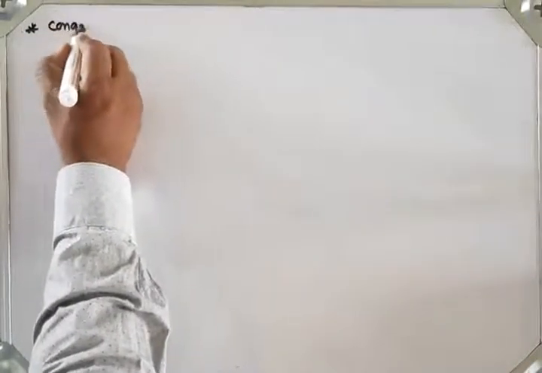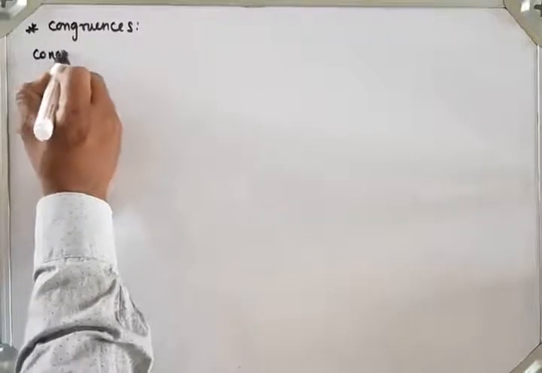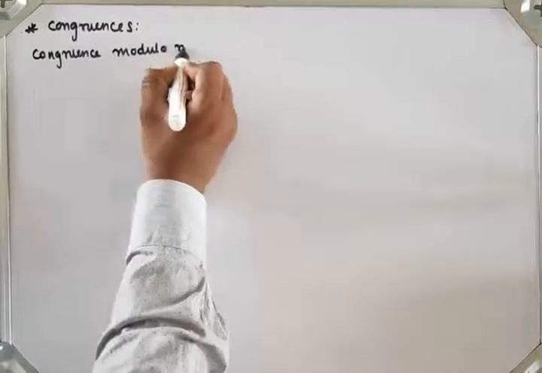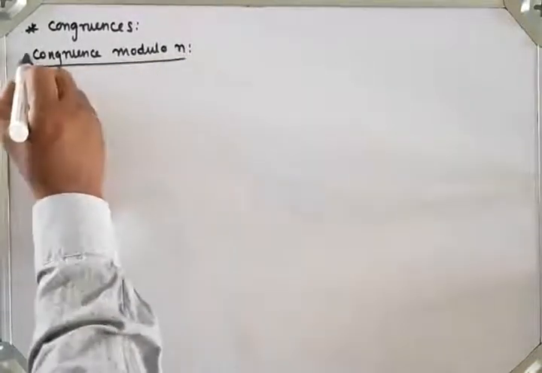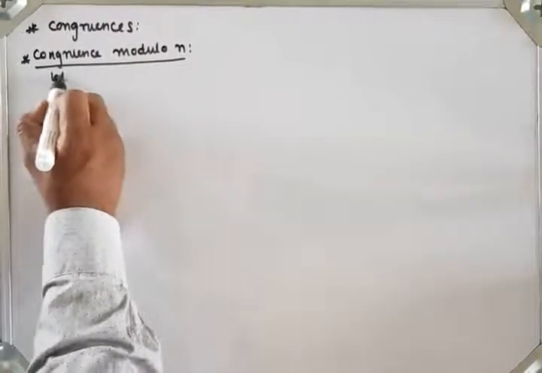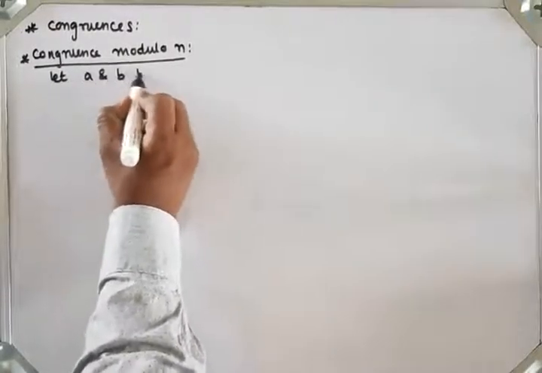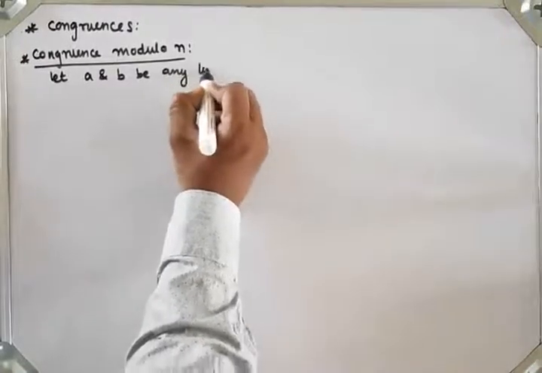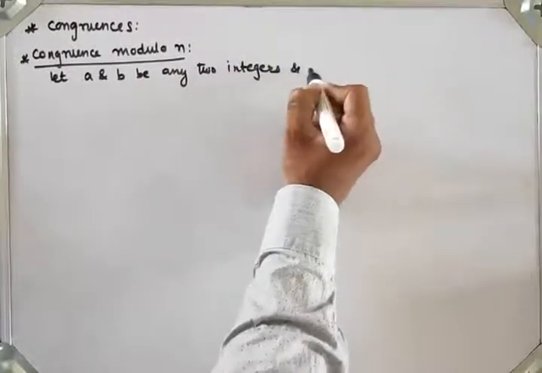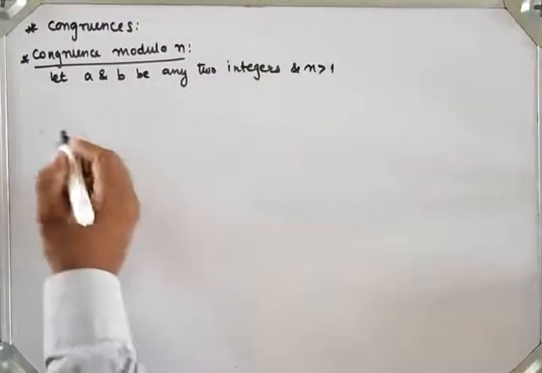So, congruence modulo n. Let's see the definition. Let a and b be any two integers and n be an integer greater than 1.